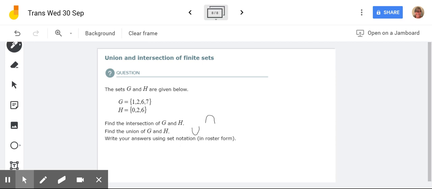For some reason, I have a fear that I'm going to tell you wrong. Here we go. It tells me that A union B means name everything that's in all sets. Intersection means name what's in common.